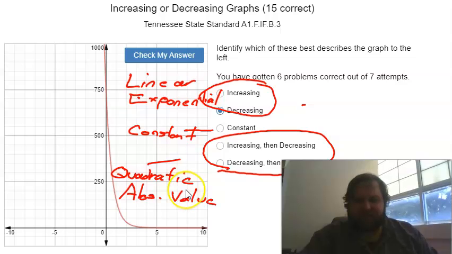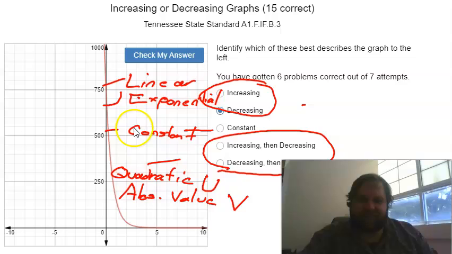A linear absolute value function, remember, is shaped like a V, quadratics are shaped like a U, constant is flat, exponential is our hockey stick, and linear, of course, is just a straight line. Depending on the function type, it'll have one of these properties. That can also be helpful if you can identify those.